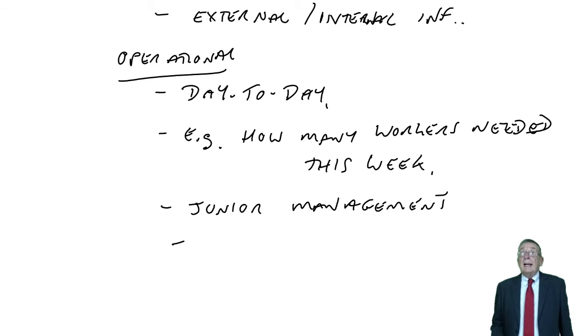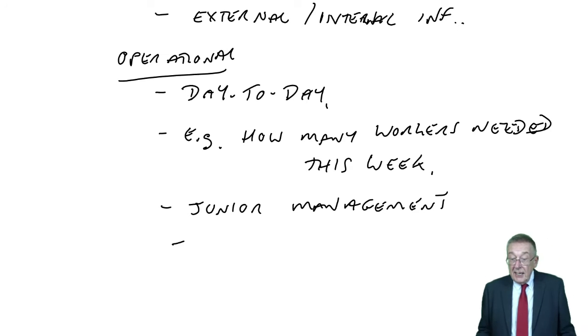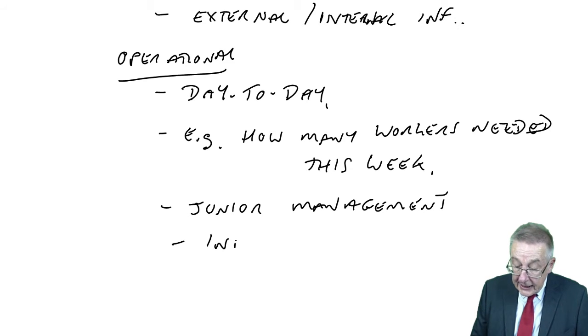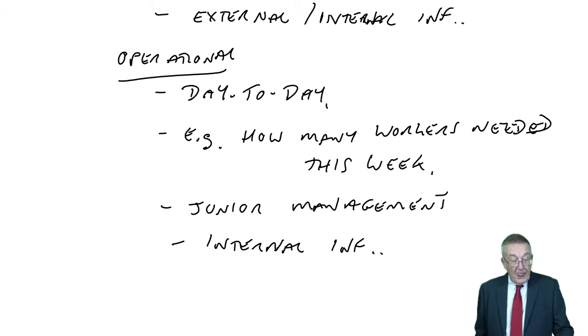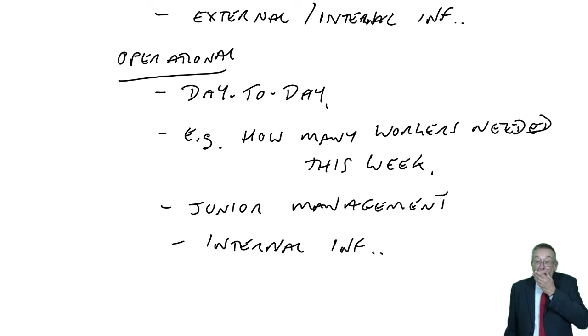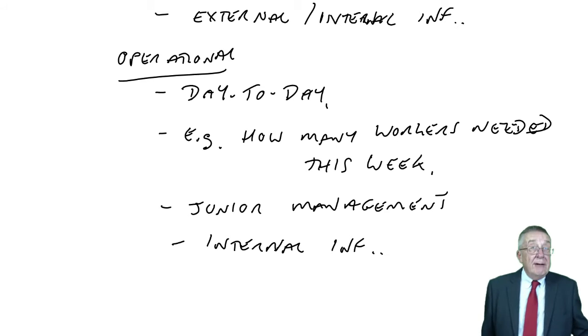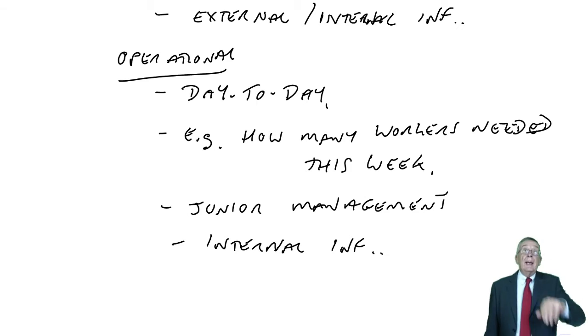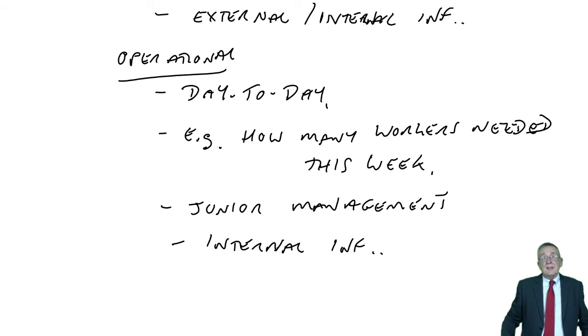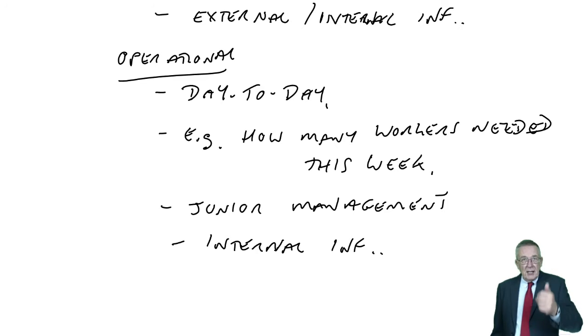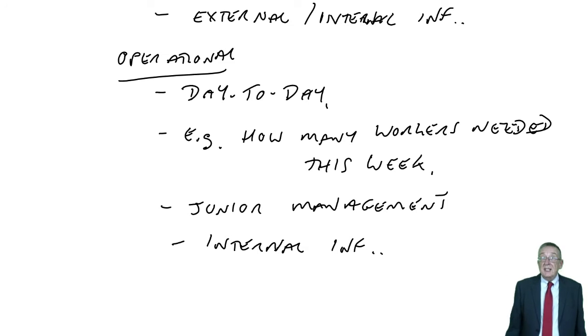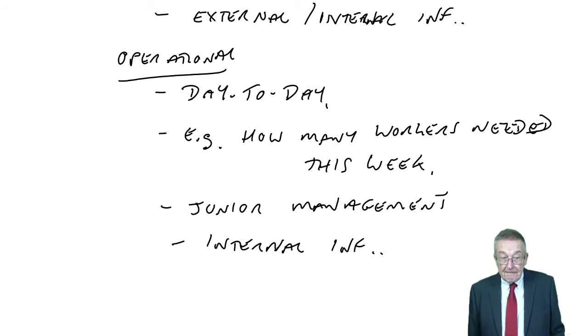And the information they need is going to be virtually entirely internal. So there we are. I said that's really revision from paper MA, but the 3 levels, standard levels of decision making: long-term, medium-term, day-to-day running of the business.